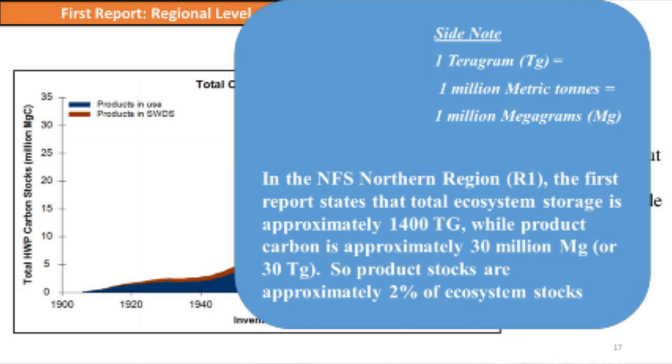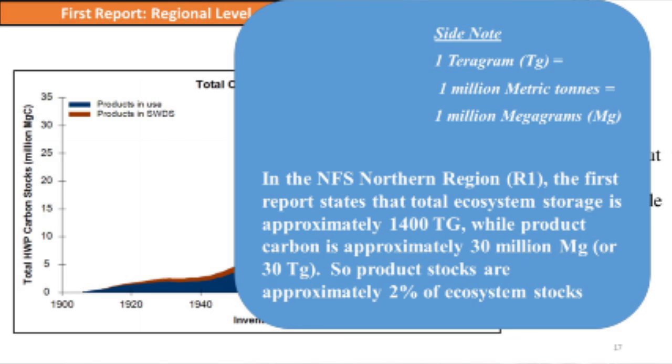So side note here, I think it's really interesting to compare the amount of carbon that's stored in the product pools, which might have grown a lot of decades ago, but is currently being stored in forest products. How big is that pool compared to what we see on the stand?